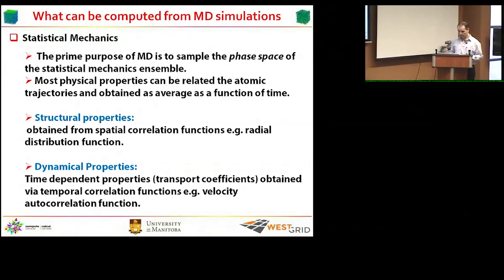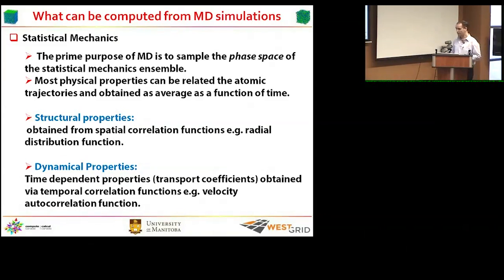So there are, for example, some structural properties that can be computed. For example, a radial distribution function, which gives you the probability to find, if you have two types of atoms, A and B, the radial distribution function between A and B is the probability to find one atom B at a certain distance from an atom A. There are also dynamical properties.